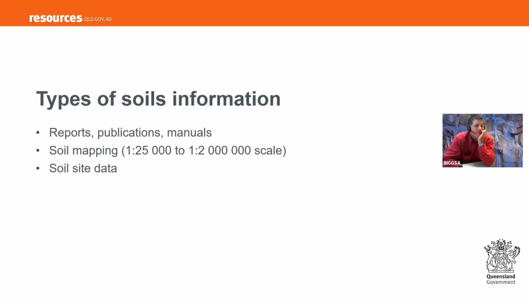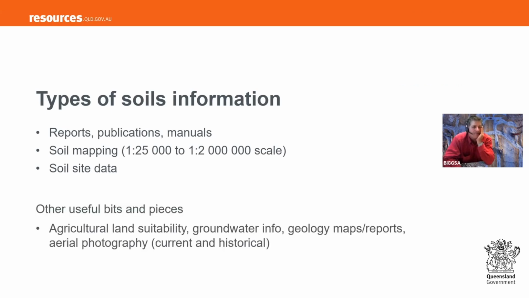Even at 100,000 scale, your map is not going to tell you exactly what is in the hole in the ground that you've dug at some particular spot. So always be wary of that. All of our information, whether that be the reports, technical publications, maps themselves, the original printed maps, our site data, that's all digital these days in various web portals, everything from spatial files through to on-screen viewing and downloading PDFs and so forth.